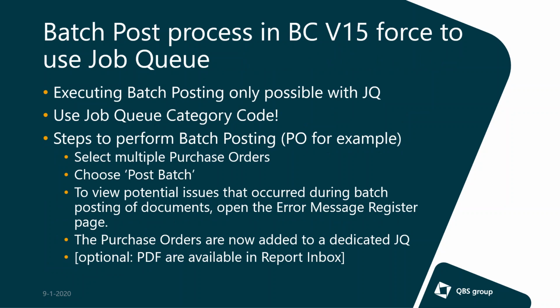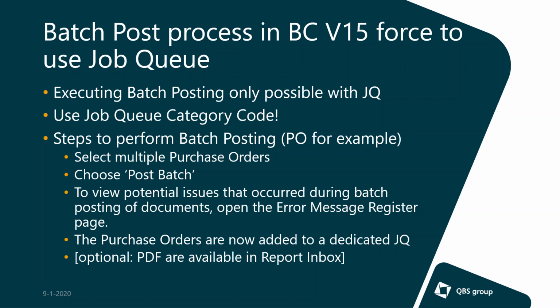We have received several questions around batch posting, so therefore I decided to make it part of this webinar. Within Business Central version 15, so the latest major release, you're forced to use job queues for batch posting sales orders, purchase orders, or whatever. So you need to do that via the job queues.